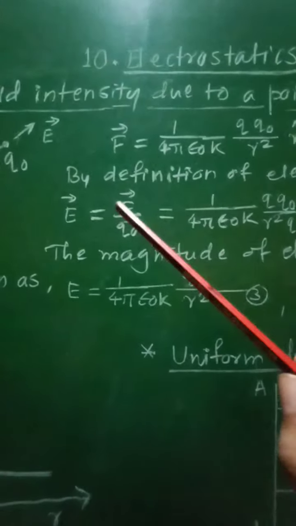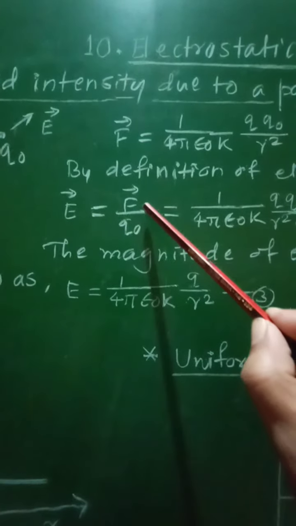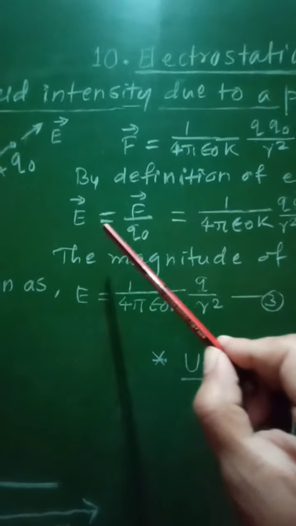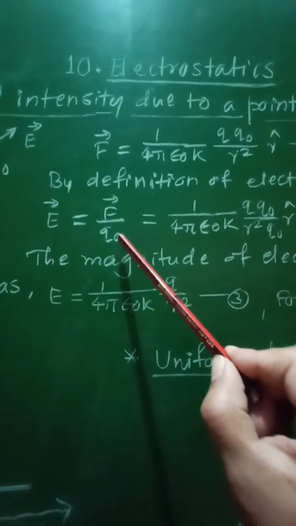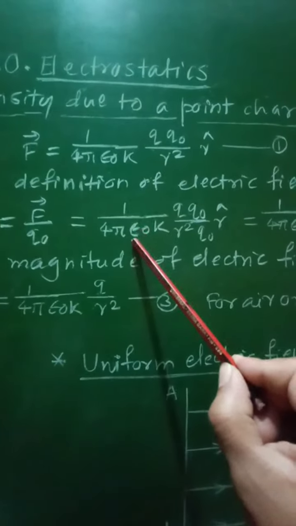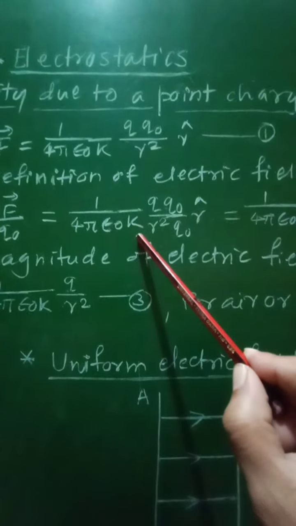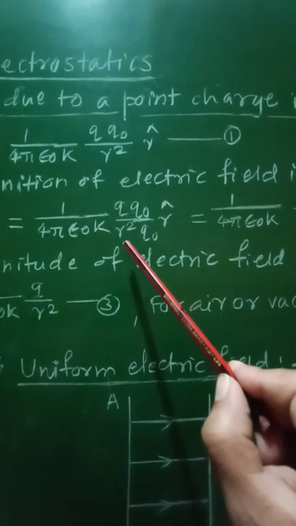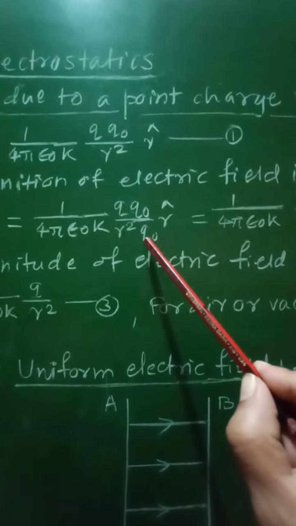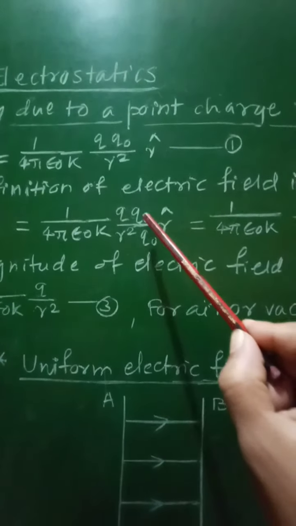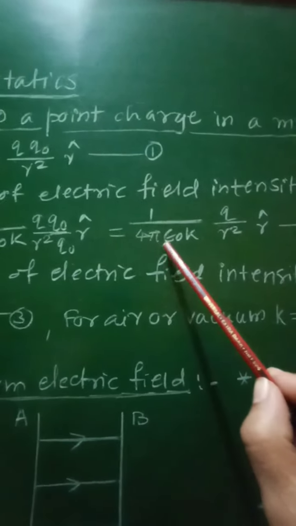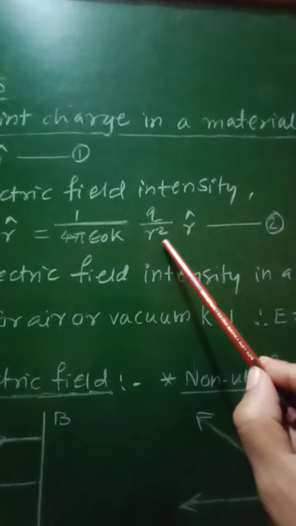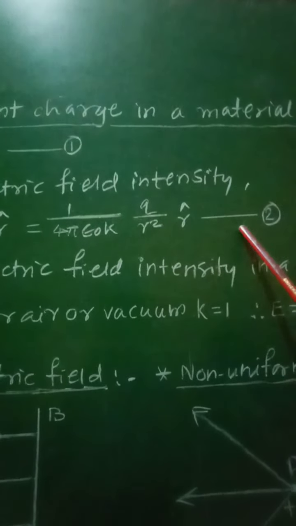It will be given as E equal to F upon Q0, that is electric intensity equal to Coulomb force per unit charge, that will be written as 1 upon 4 pi epsilon 0 K, where K is the dielectric constant of that medium, Q Q0 upon R square, divided by Q0, into R cap. Q0 will get cancelled and we will get 1 upon 4 pi epsilon 0 K into Q by R square into R cap, equation number 2.